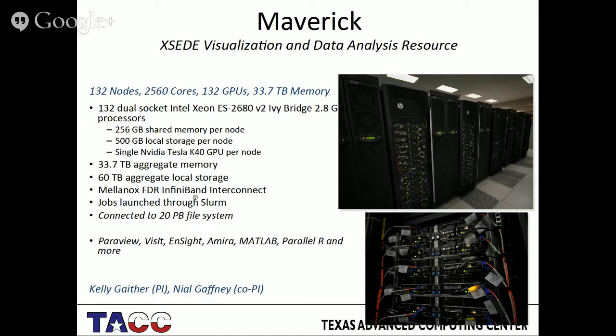It's 132 nodes. Each node has a NVIDIA K40 GPU, which I think is the latest GPU from NVIDIA. And as with our other systems, it's connected with InfiniBand. It runs a Lustre file system. It has a Slurm scheduler.